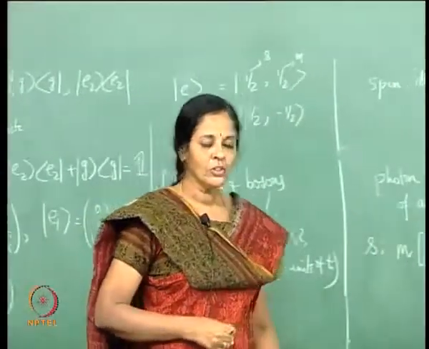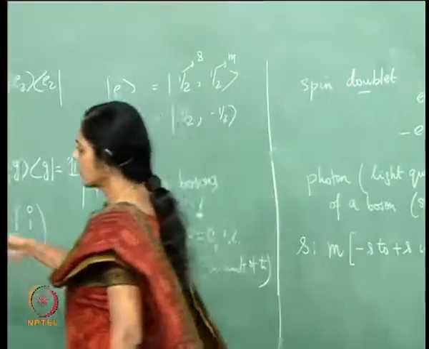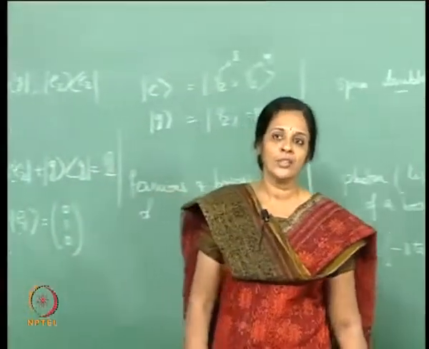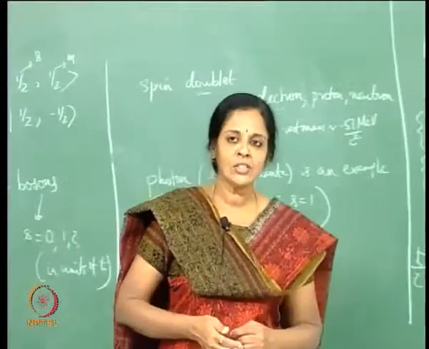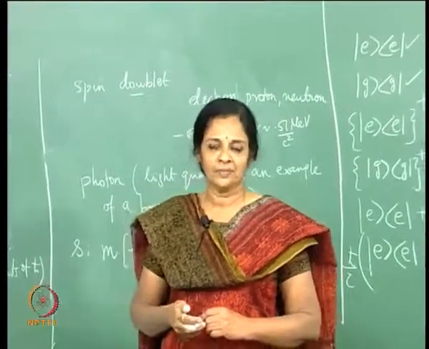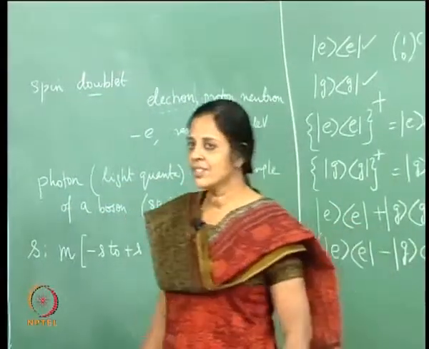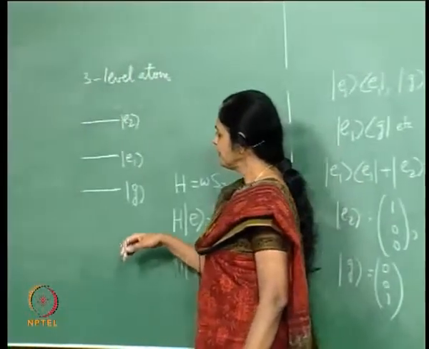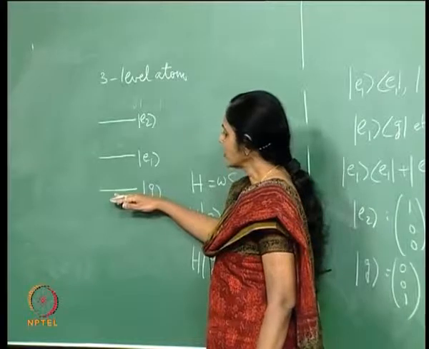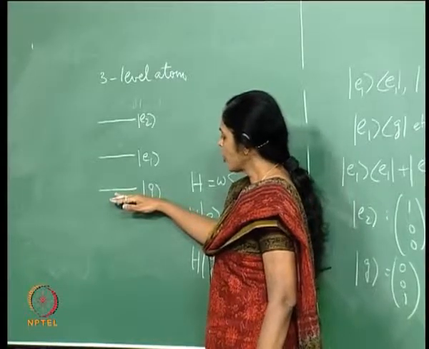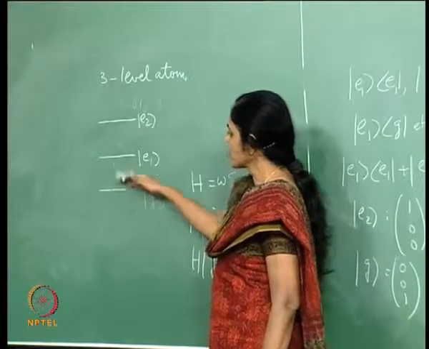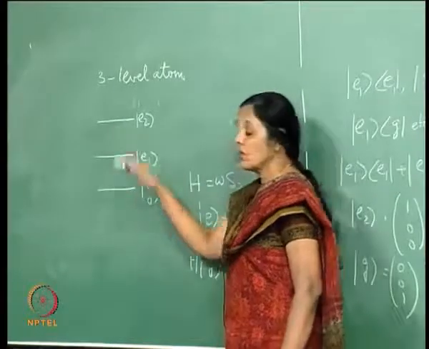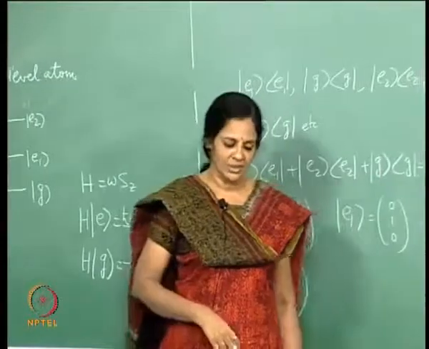Well, normally in order to raise the system from a lower energy state to a higher energy state, you pump in energy by getting the atom to interact with light, shine light of appropriate frequency on the atomic system, so that energy is provided to the atomic system, which perhaps is in the ground state, enough energy for it to go into this excited state or that excited state, and so on.